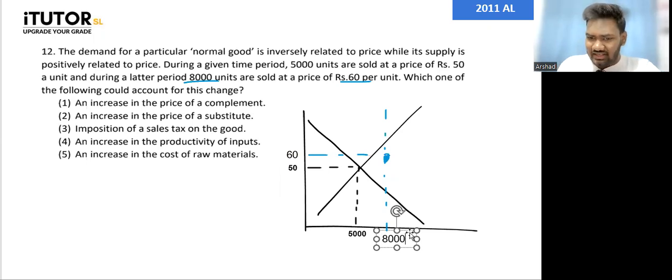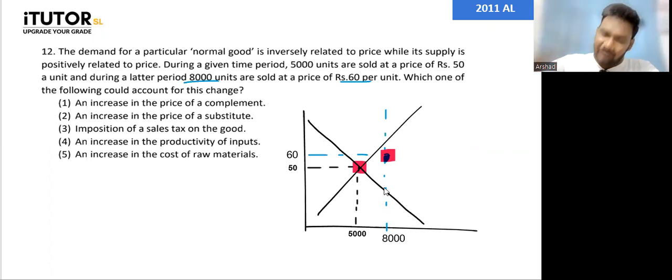So now we'll think, how can you go from this point of equilibrium to this point, guys? Just think, tell me one thing. What should happen to the demand curve if you want to go from the equilibrium to that point? Should the demand shift to the right or shift to the left? Or in other words, increase or decrease?